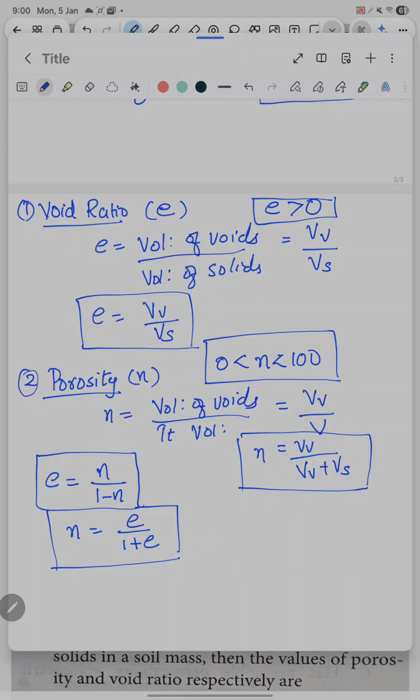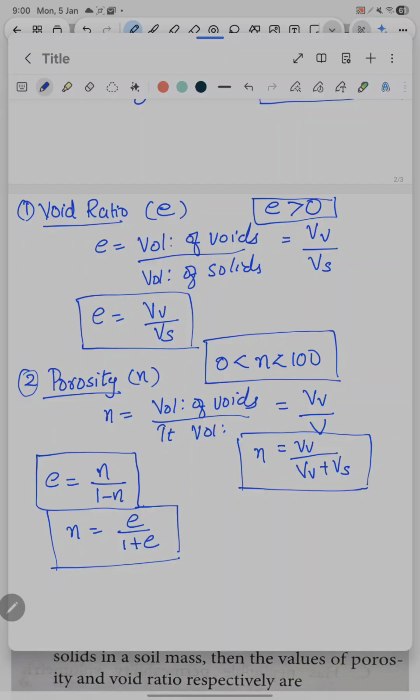So void ratio means volume of voids by volume of solids. Its value is always greater than 0, and we can write void ratio in terms of porosity, that is e is equal to n by 1 minus n. The next term is porosity. In porosity, the denominator is total volume. So we can define porosity as the volume of voids to total volume of soil, not soil solids.